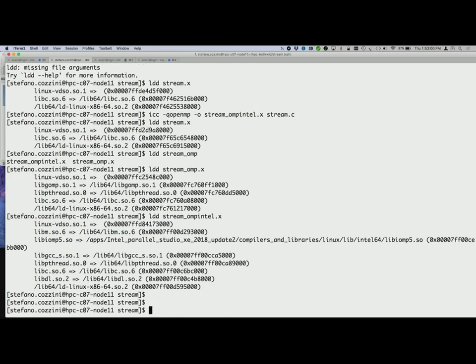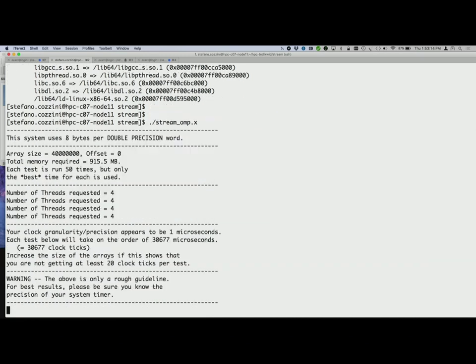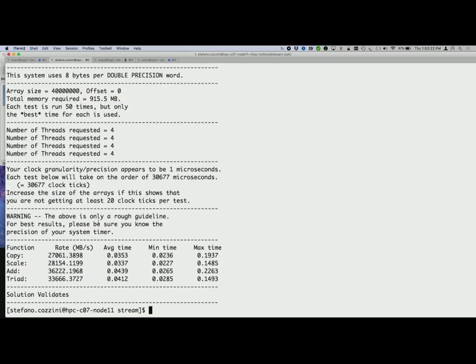Now let's run the code. Let's run stream.omp.x. This is the GCC one. It runs on 4 cores, just because I have OMP_NUM_THREADS set to 4, probably because I asked for 4. Then I see these numbers.